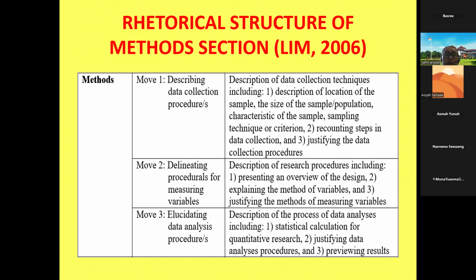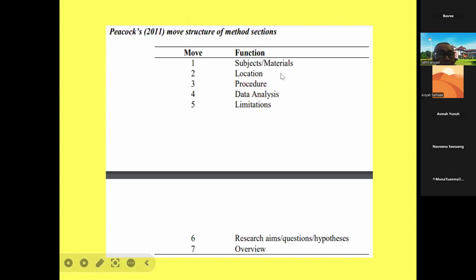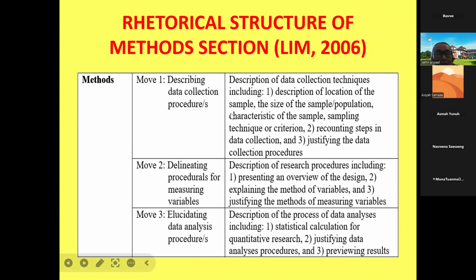According to Lim, 2006, Jason M. Lim, Min Hua Lim, from University Malaya in Malaysia, did an analysis of the method section of research articles in economic management in social science.